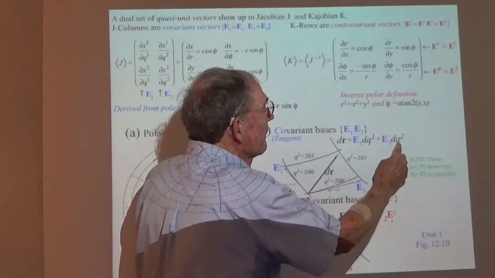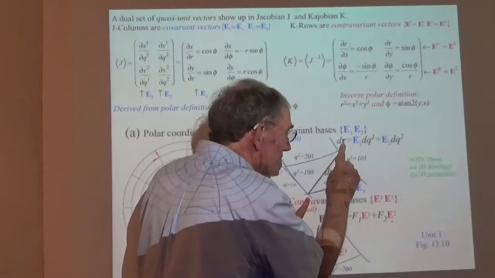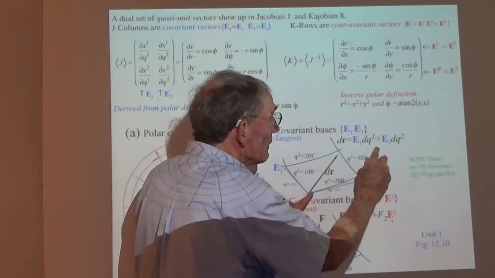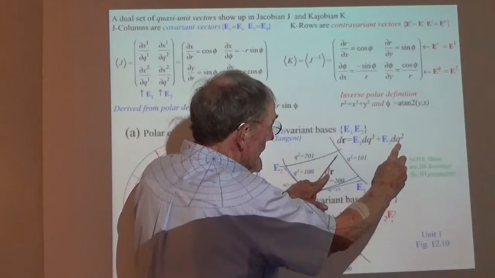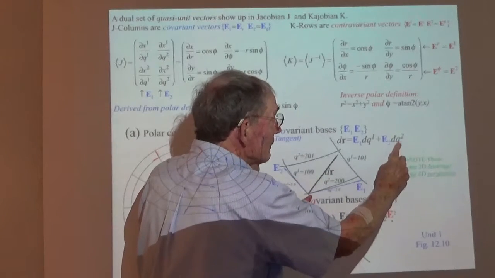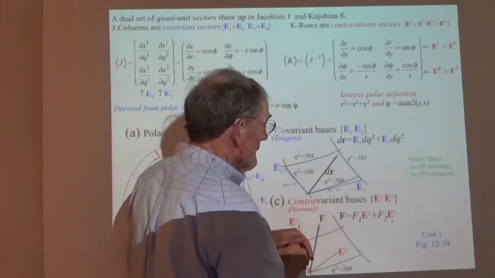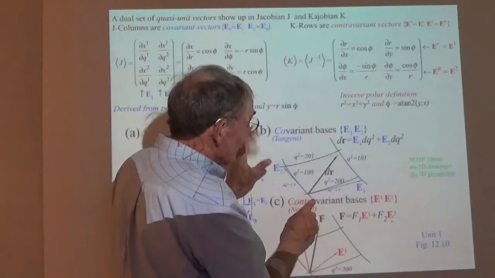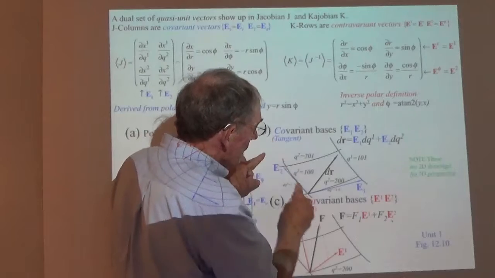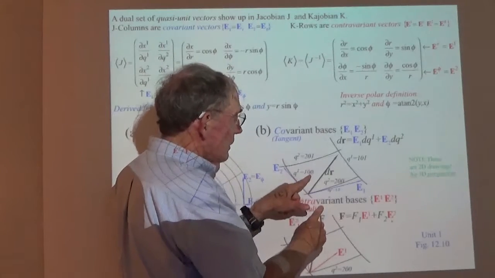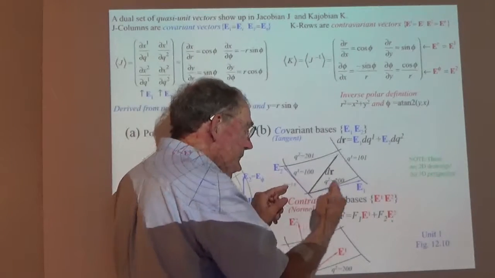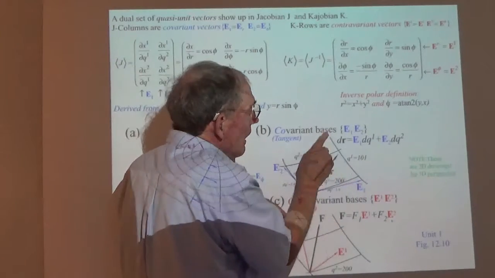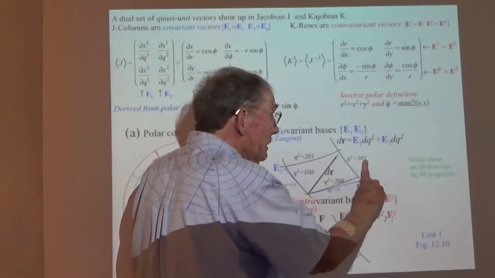And then this is the partial derivative of the vector r with respect to the second coordinate. Now, we set this up so this curve right here is q1 equals 100. And then up the line here is 1 unit distance in this space. q1 equals 101 is right here.